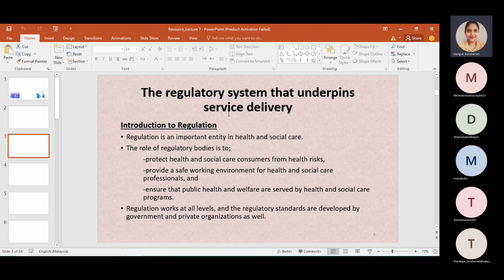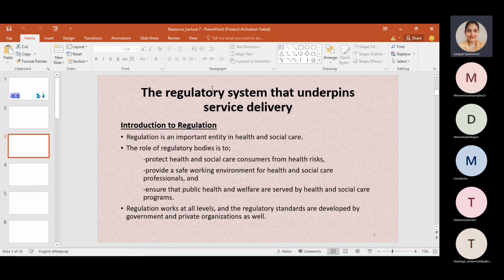Here in this topic, we will be learning what the regulatory bodies are that support health and social care services.